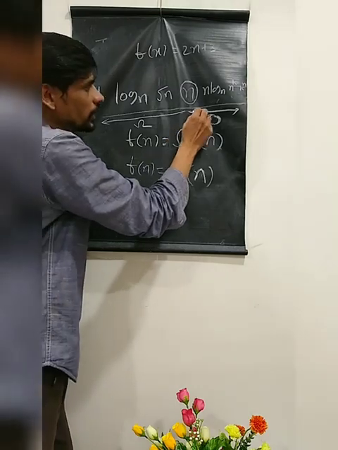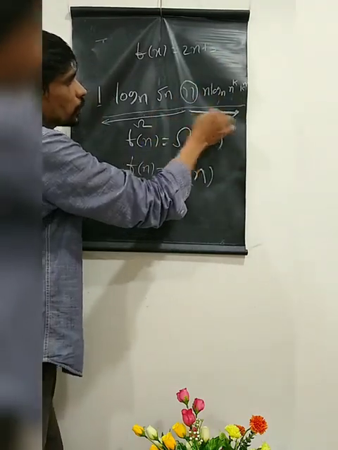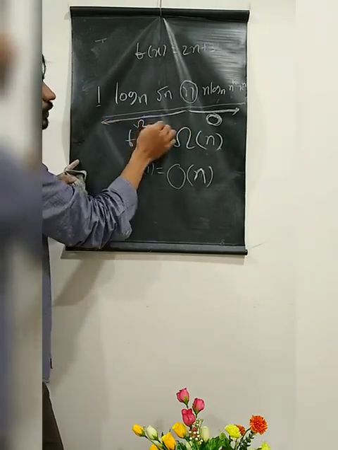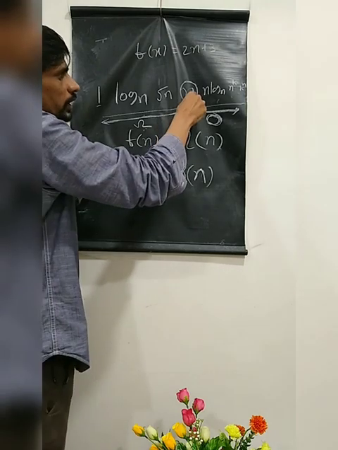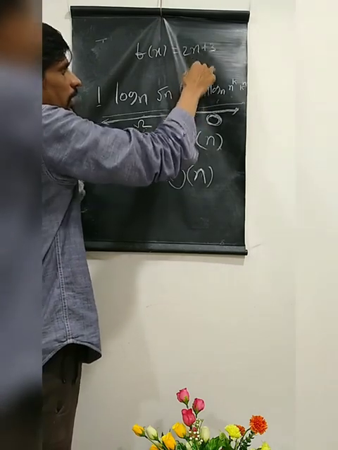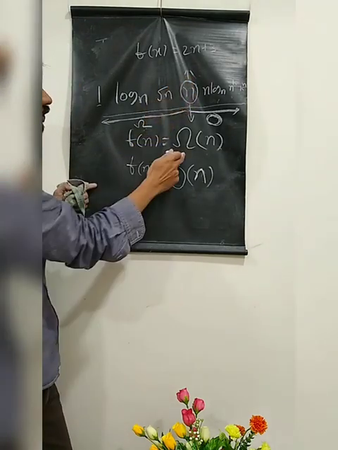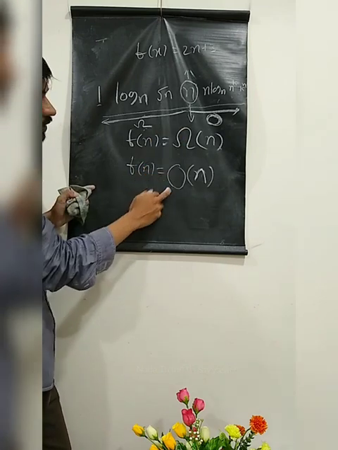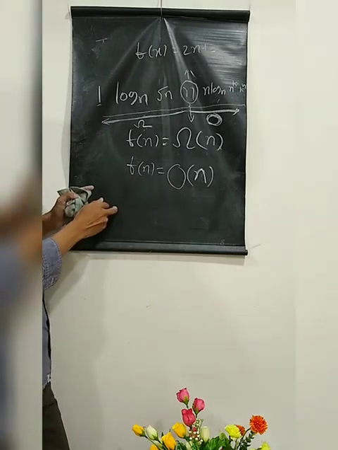When you come to 1, this will become your big omega. Both can be represented as n: this can be represented as big omega, and this as big O.